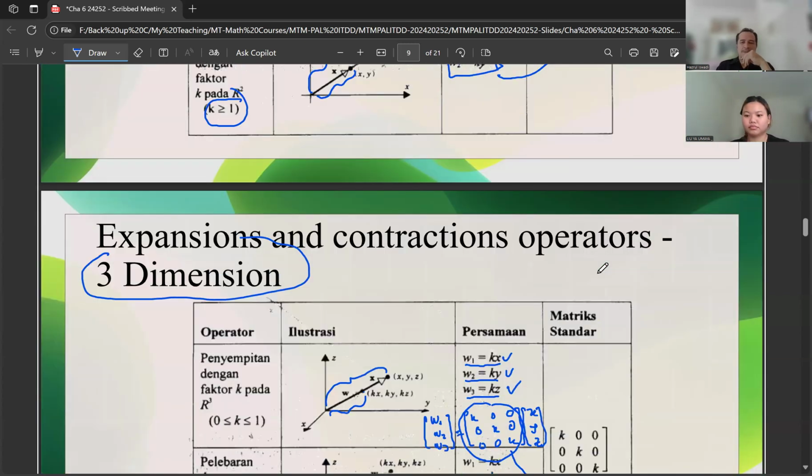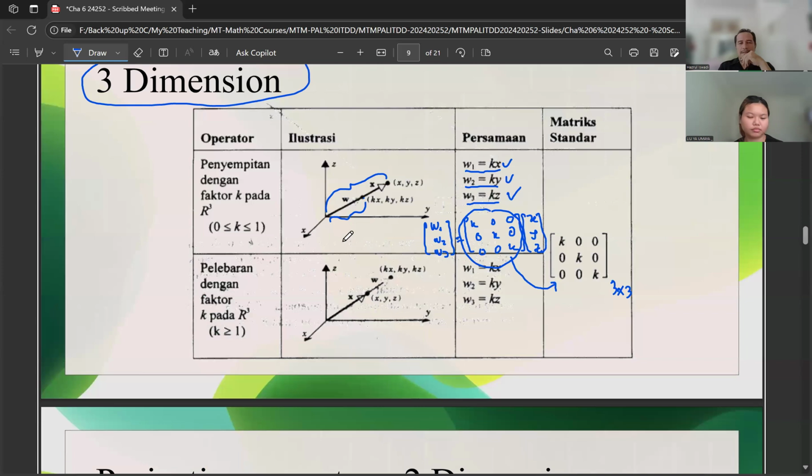And as in two dimensions, the contraction and expansion have the same matrix standard, but the value of k is different. For the expansion, k will be greater than or equal to 1. For the contraction, k will be from 0 to 1.